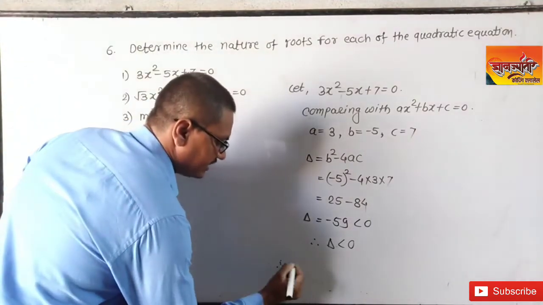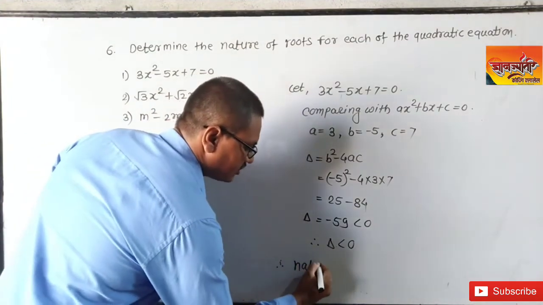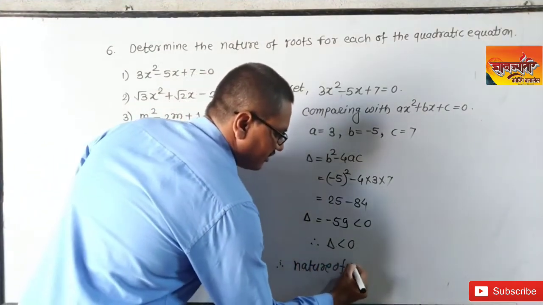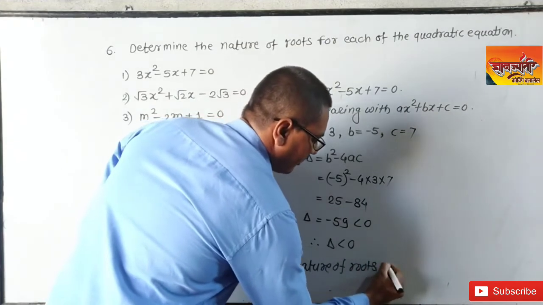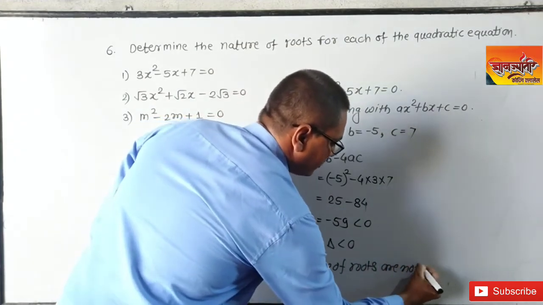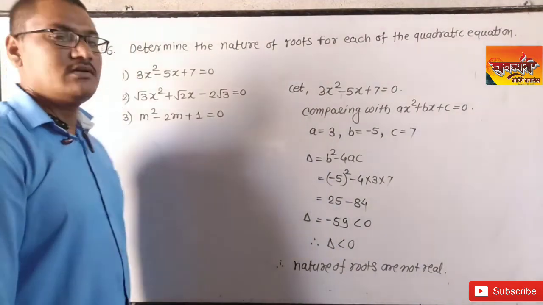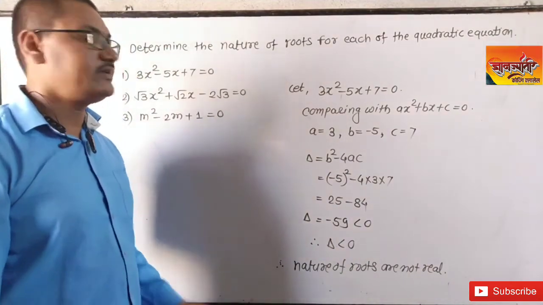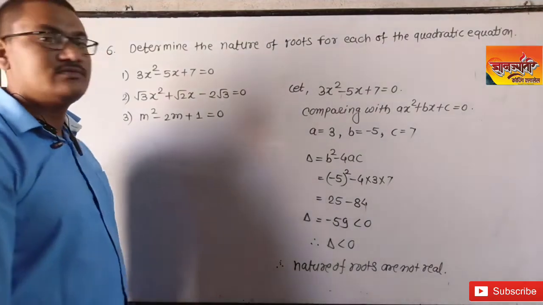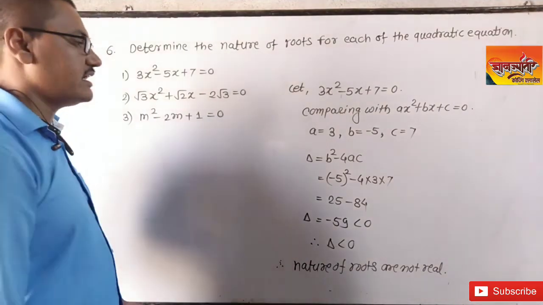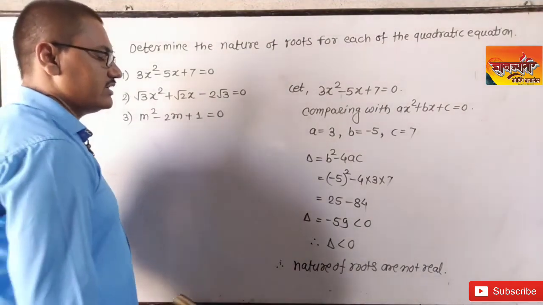You can write the conclusion: nature of roots are not real. This is the method of solving the given problems, and you can see each and every step to understand it.